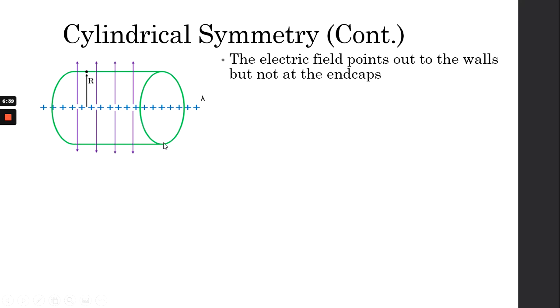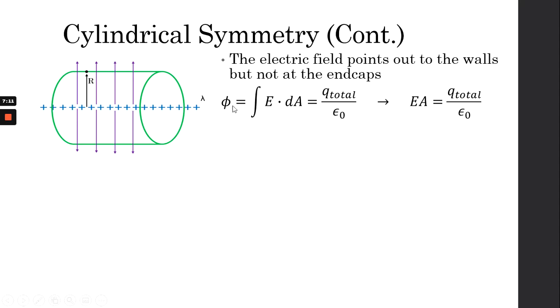So if this is your cylinder, and this is the electric field from this line of charges, and if you notice, like I mentioned, the electric field is happening throughout the 360 degrees. And what that tells you is that the electric field is happening at the walls of your cylinder. So the electric flux is happening on the walls of your cylinder.